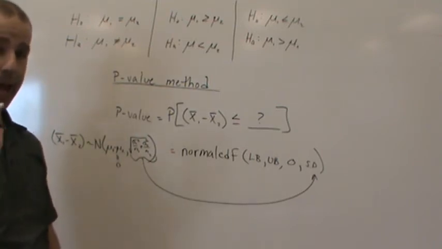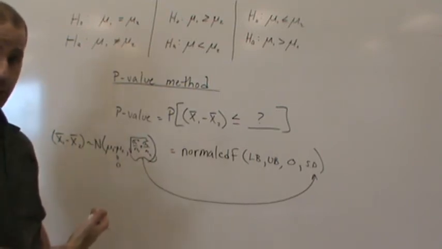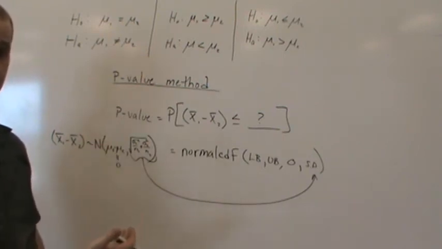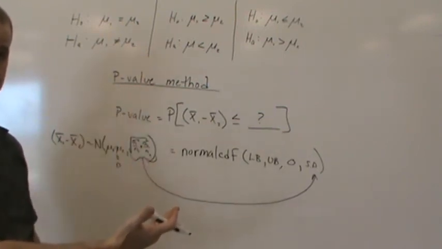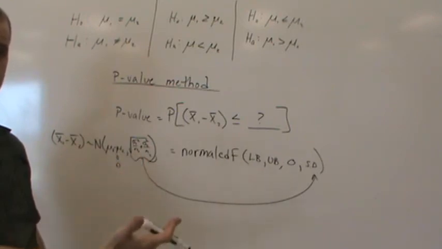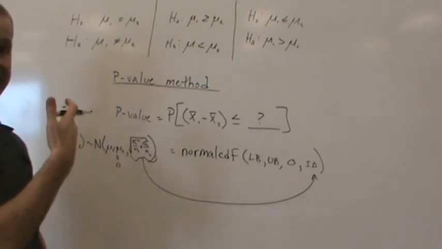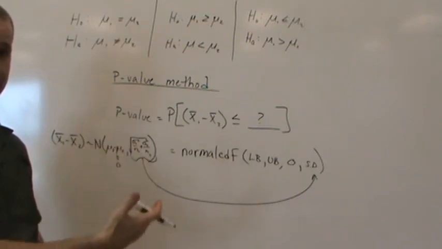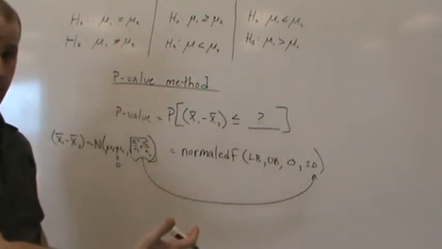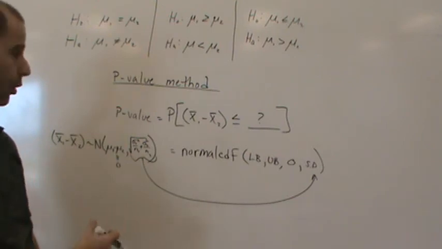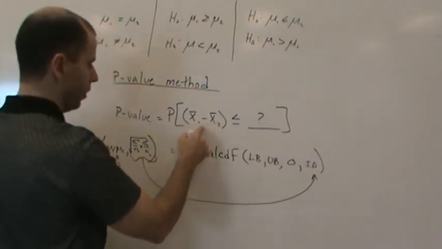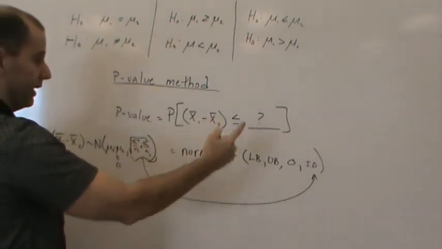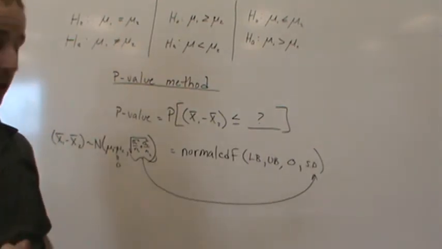If you have a particular value, the probability of being less than or equal to that statistic in your sample, as long as we know it's a normal distribution, will always be the same as the probability of being less than or equal to the z-score that corresponds to that value. So it doesn't matter if we use this or if we use z-star, it'll give me the same p-value.